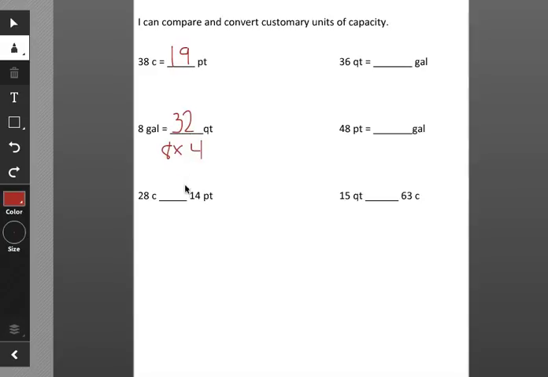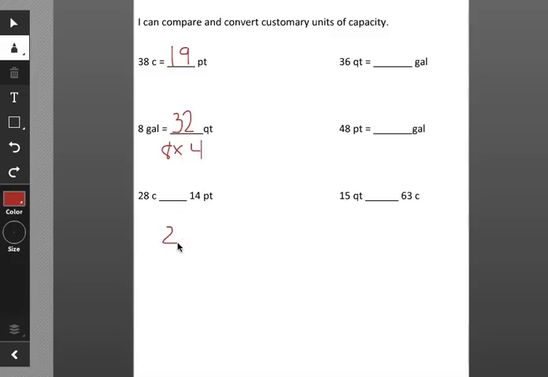And then the last one, you're actually going to be comparing. So 28 cups or 14 pints. And this is where I don't know off the top of my head. I need to convert one of these so that they're both the same unit. So I'm going to convert my cups into pints. I know that there's 2 cups in 1 pint.